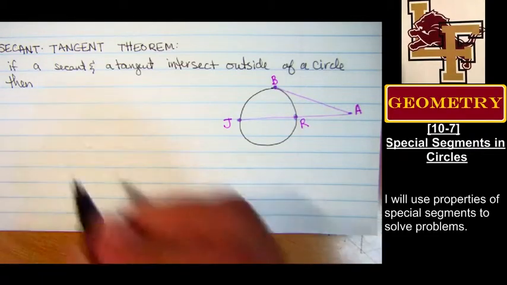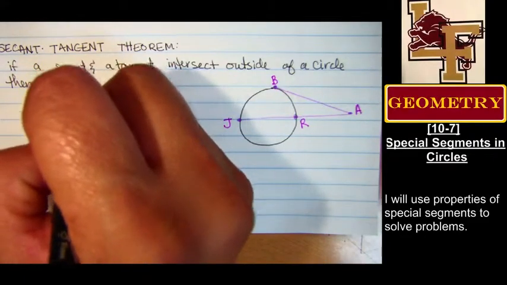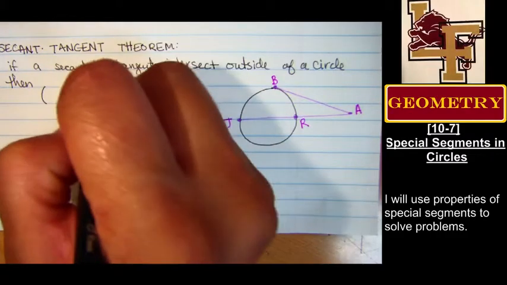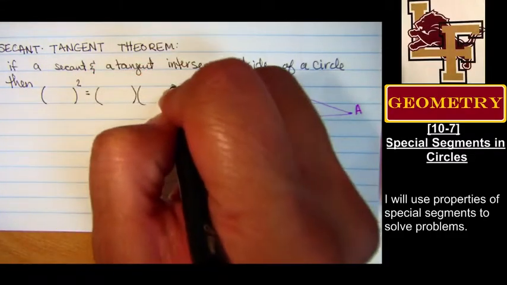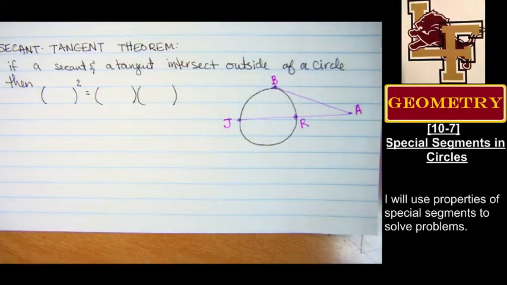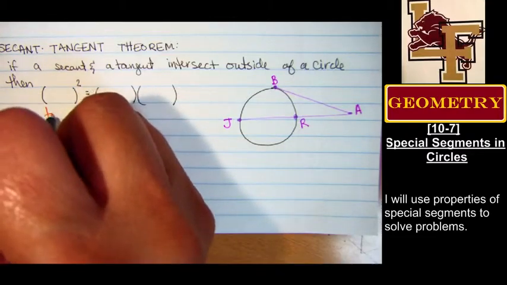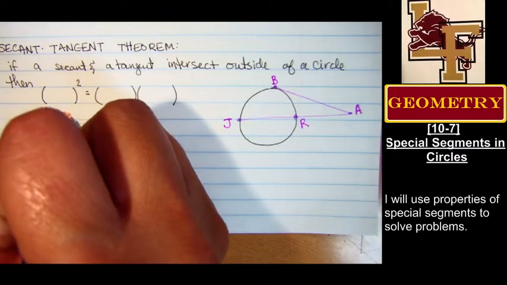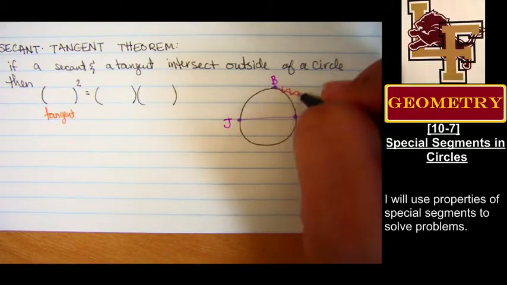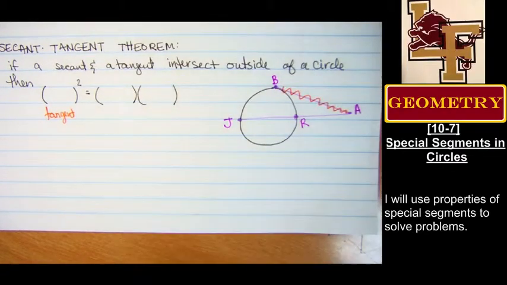Okay. Then, this is the formula. Ready? The formula has a something squared. That something squared is the tangent piece. This piece. Okay, the tangent part.